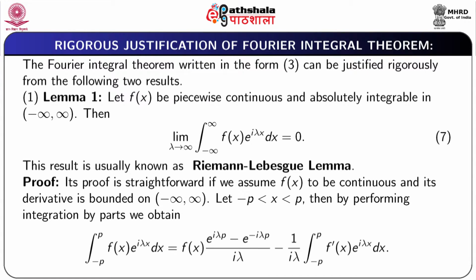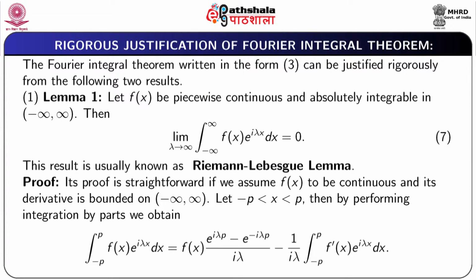The first result is lemma 1, which is known as the Riemann-Lebesgue lemma. It states that if f(x) is piecewise continuous and absolutely integrable in the interval minus infinity to plus infinity, then limit lambda tends to infinity of integral minus infinity to plus infinity f(x) e to the power i lambda x dx equals 0, as given by equation 7.